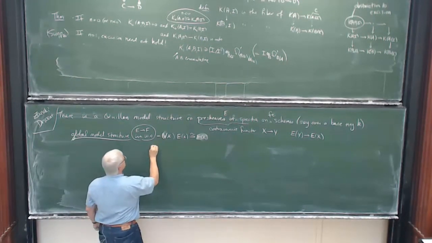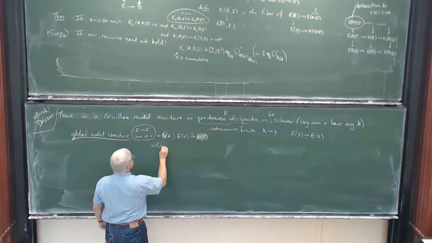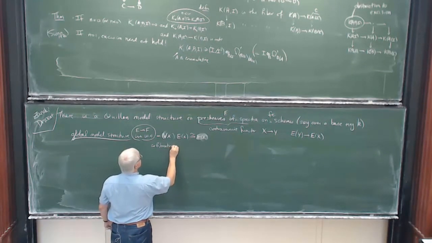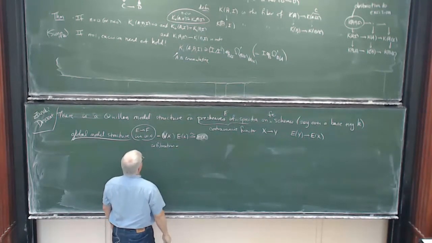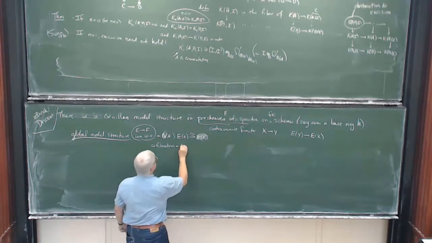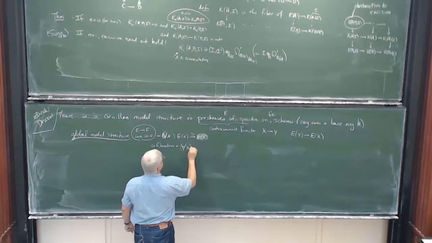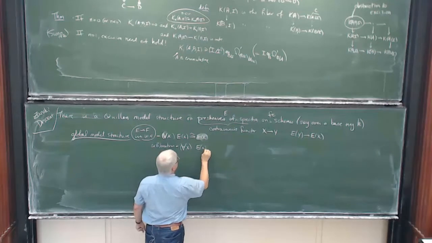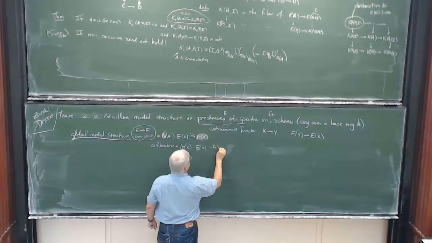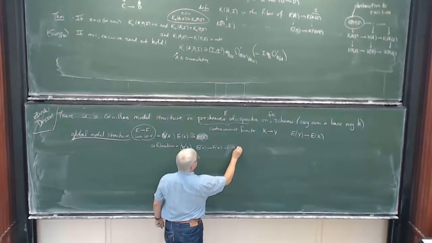The cofibrations are the assertion that for every x, E of x to F of x is a cofibration of spectra.